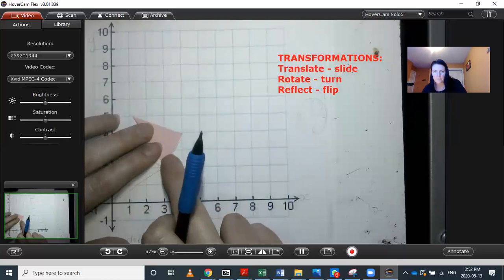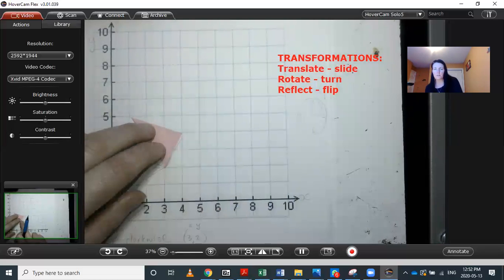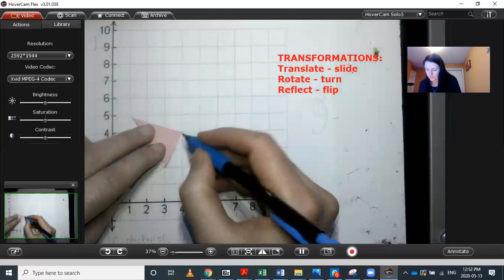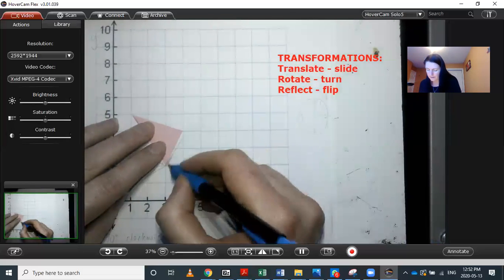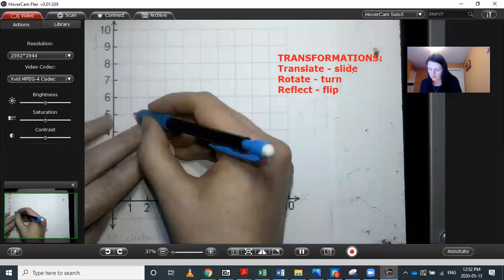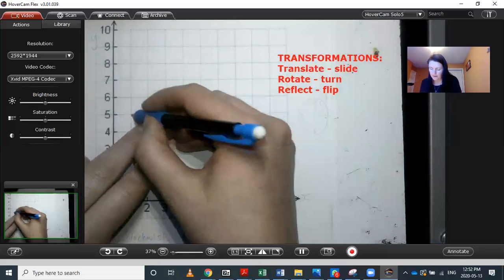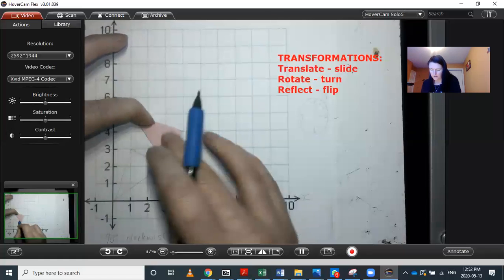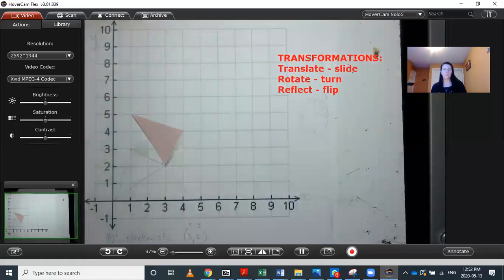Let's see, what have we ended up with? Over there, we have ended up with our figure looking like this, right? Straight up to the 5 and going down that way. All right, can you see how that looks? Keep a good look at that one.